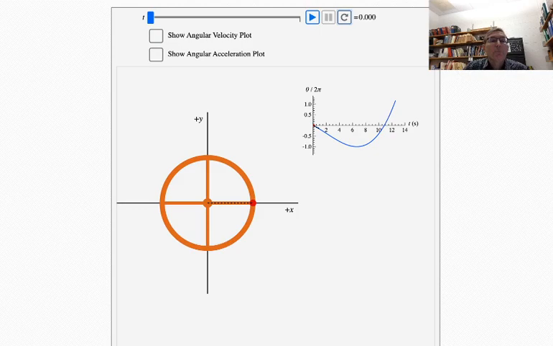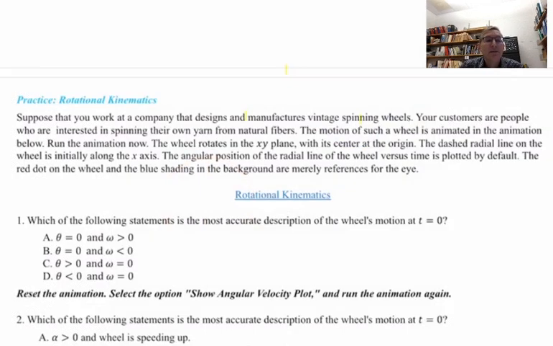Okay. All right, let me read to you the first question we're going to answer here. I'll show it to you. It's a multiple choice. Number 1, which of the following statements is the most accurate description of the wheel's motion at the instant t equals 0? With 4 options.